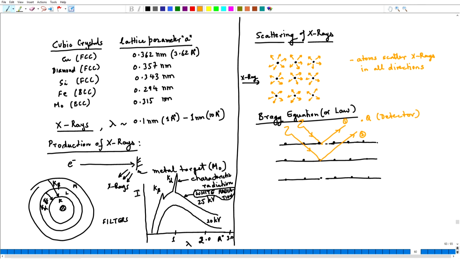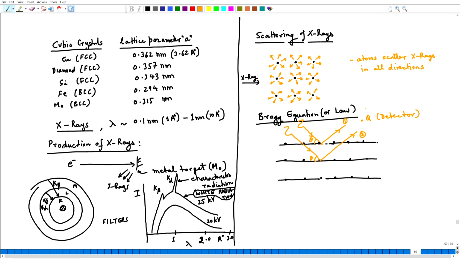of X-rays. Now, as I said, when the X-rays hit the atoms, the X-rays are going to get scattered in all directions, but we just look at a very specific direction and then examine what kind of an intensity we will get in that direction, and particularly we will choose a direction such that, let us say, this is the incident beam angle theta.